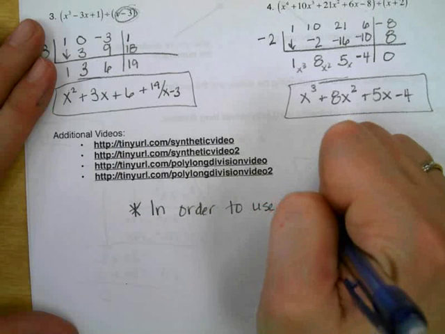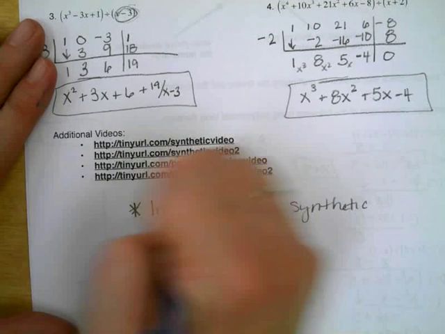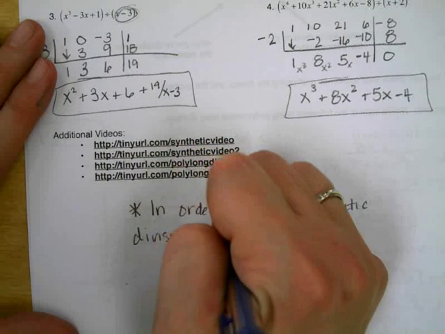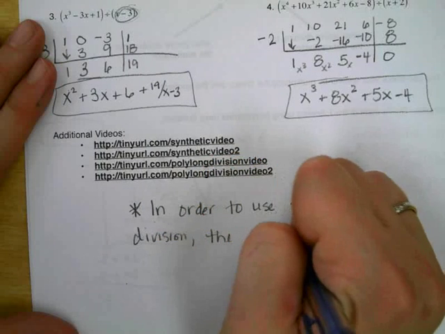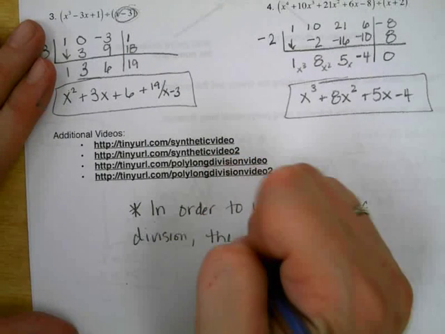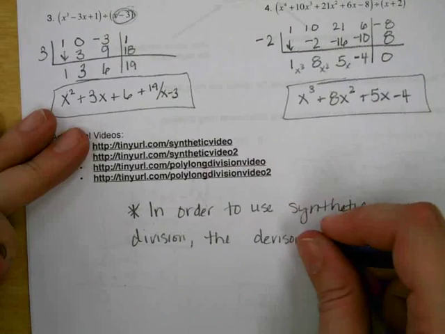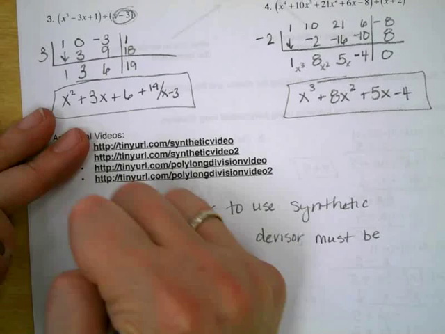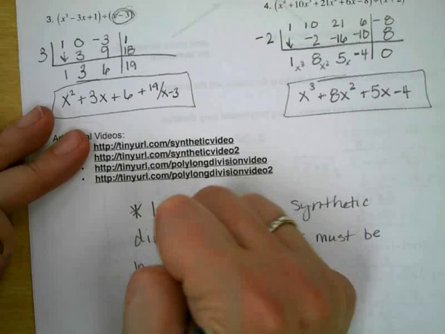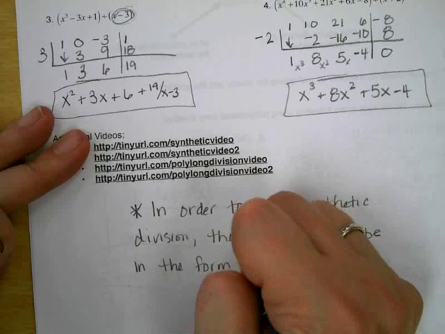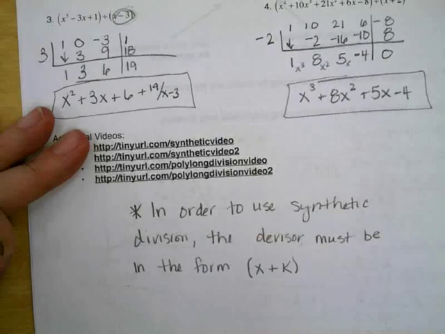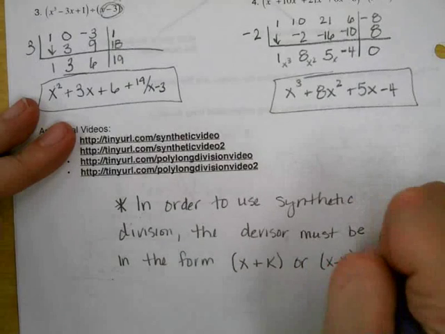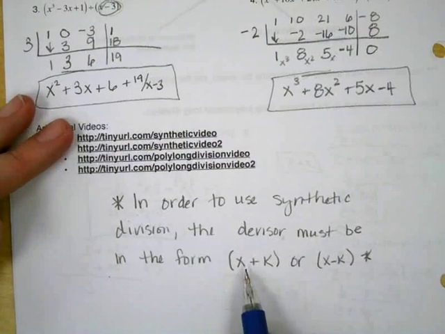In order to use synthetic division, the divisor must be in the form either x plus some number, so I'm just going to say k to stand for some number, or x minus some number.